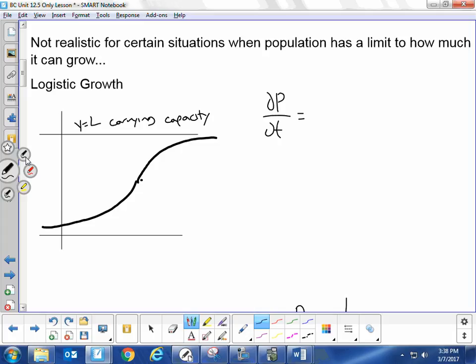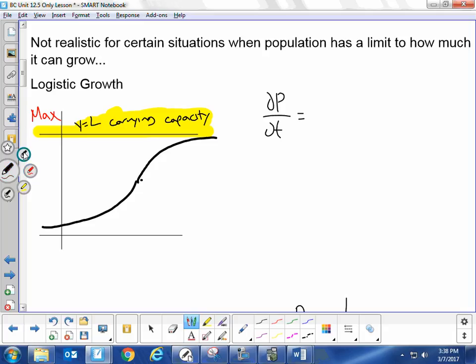Okay? Now, we call the limit L our carrying capacity. This is a very important term, the carrying capacity. This is the max population you could have. It's what your population will trend towards, but will not exceed.